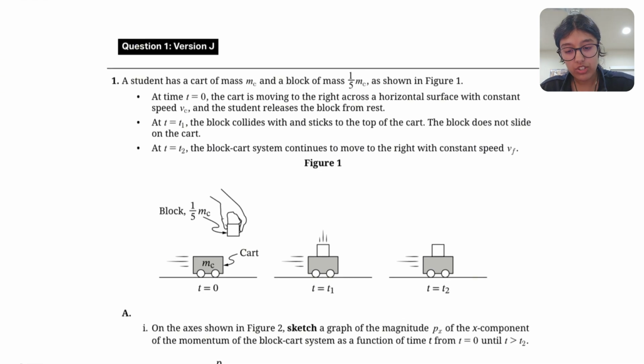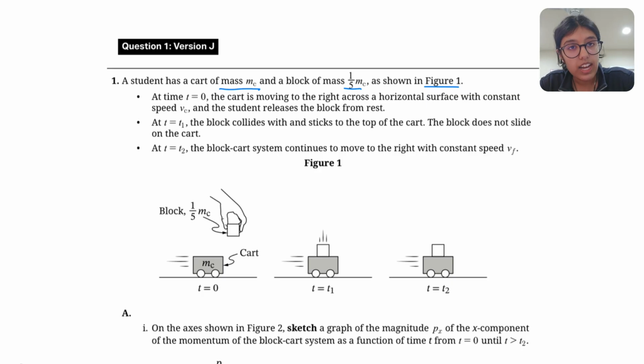So we have a student has a cart of mass m subscript c, or just mc, and a block of mass 1/5 mc as shown in figure 1. All right, so the cart is of mc and the block is 1/5 mc. Okay, makes sense. And now let's read these 3 bullet points.